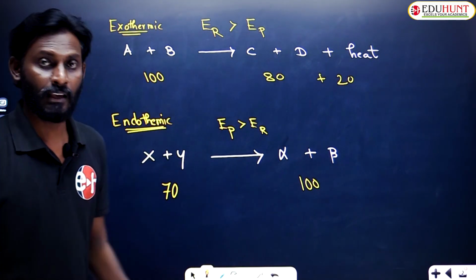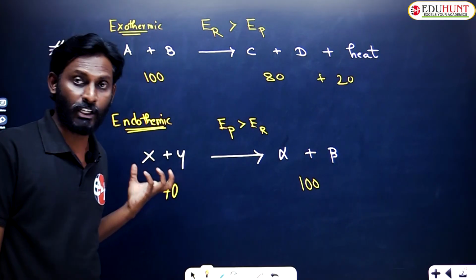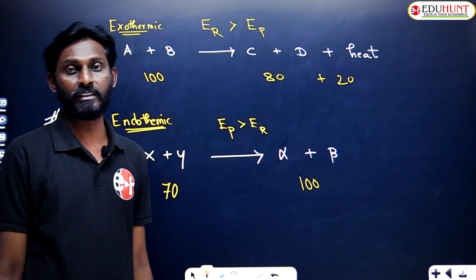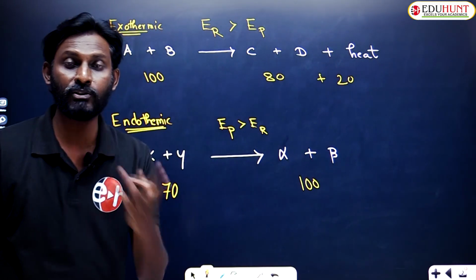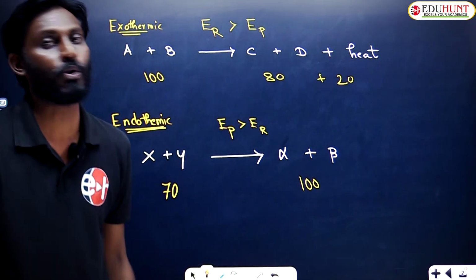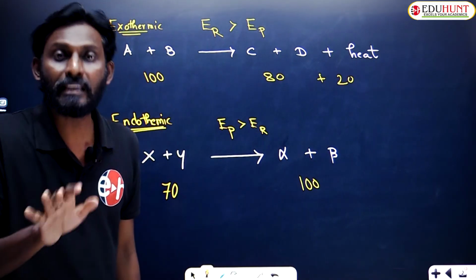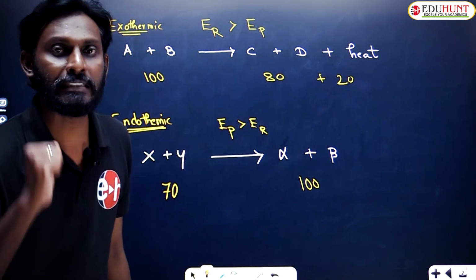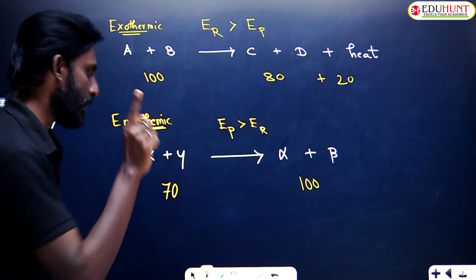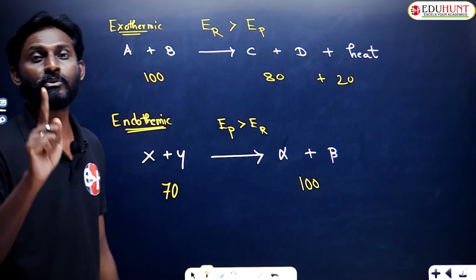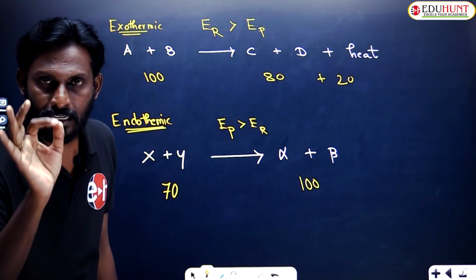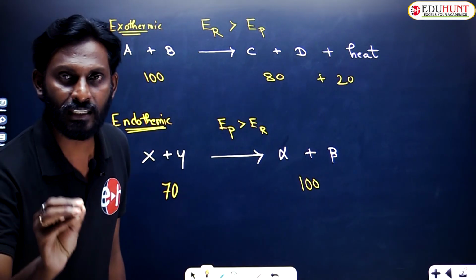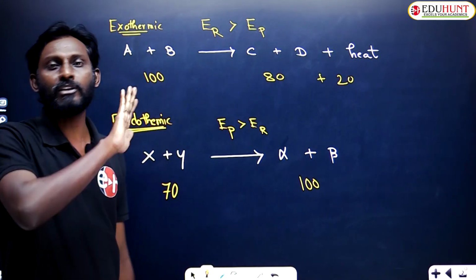To get products with 100 units of energy from reactants with 70 units, 30 units of energy would have to be created. No, that is not possible. Energy can neither be created nor destroyed. So what happened? You have to supply that 30 units of energy, otherwise this reaction won't happen.